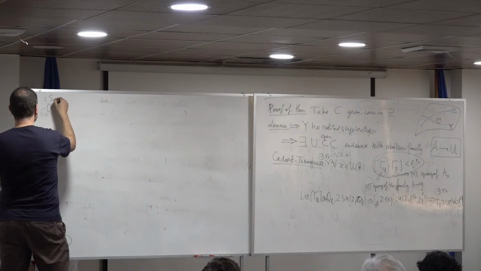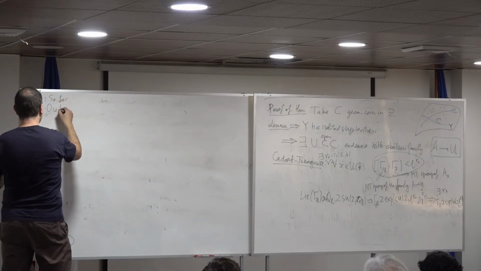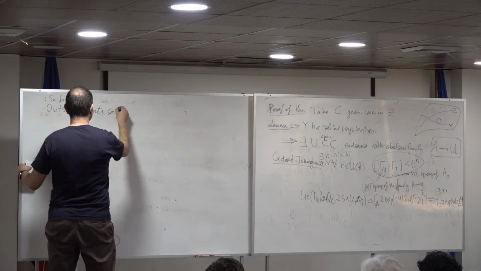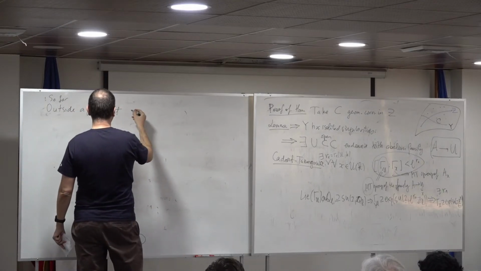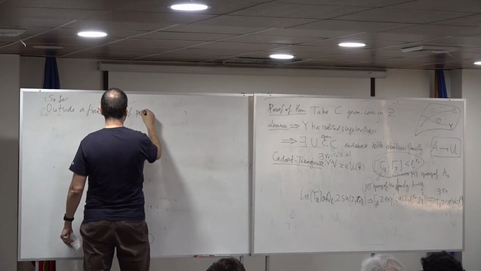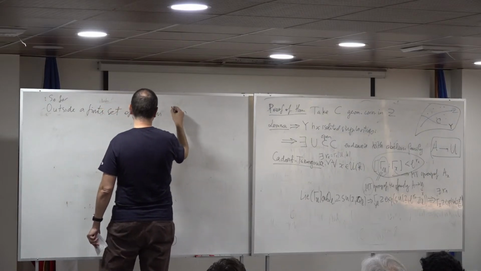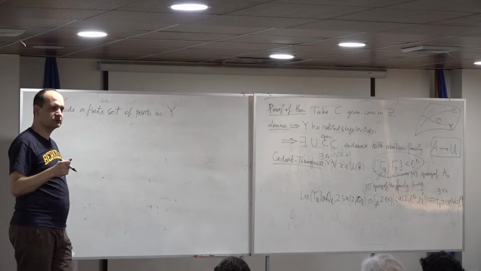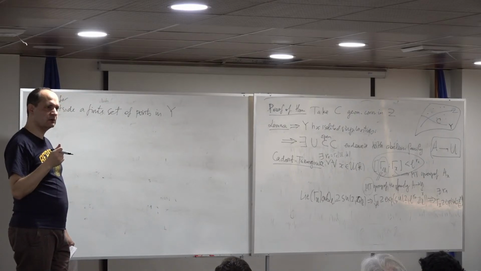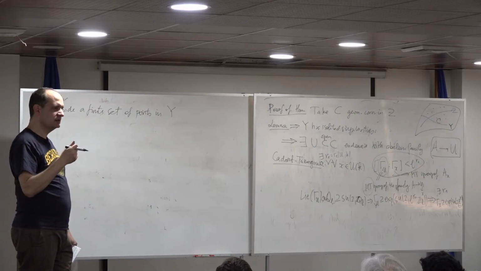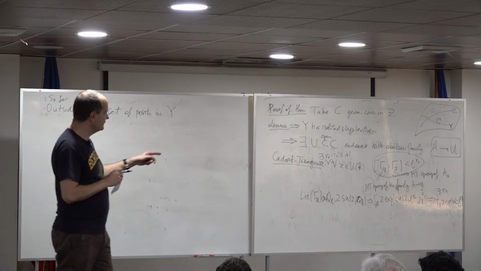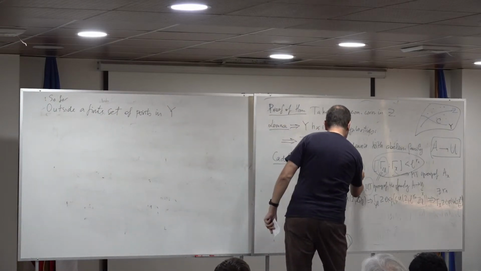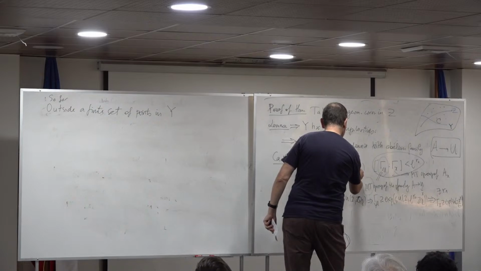outside a finite set of points in Y, and when I say a finite set, remember we have thrown out all the isolated singularities, and then for each curve we have thrown out a finite set of points.